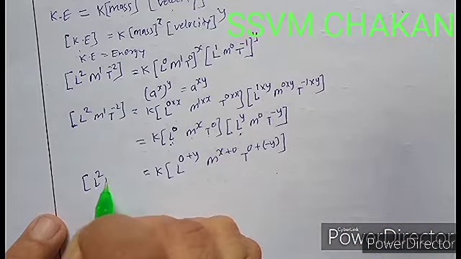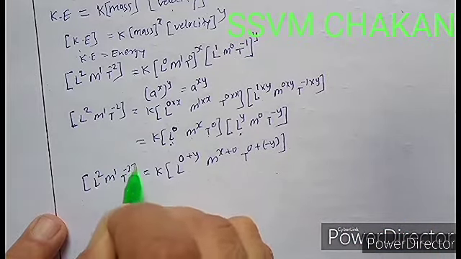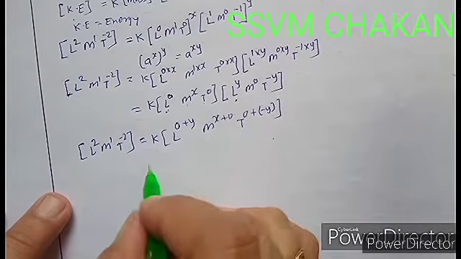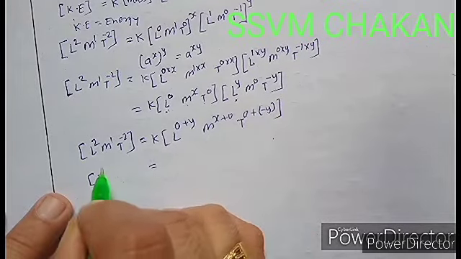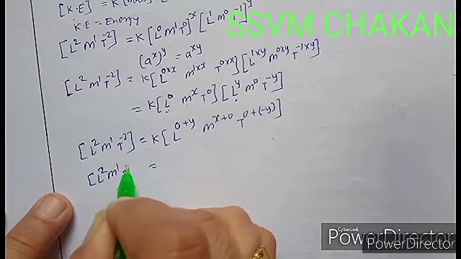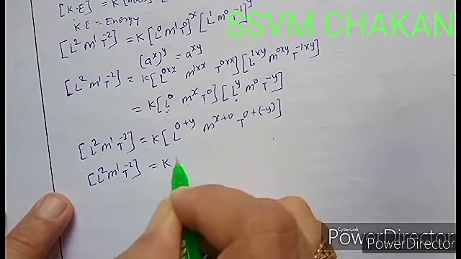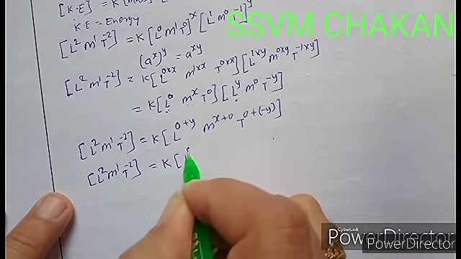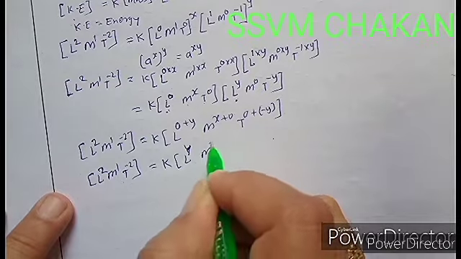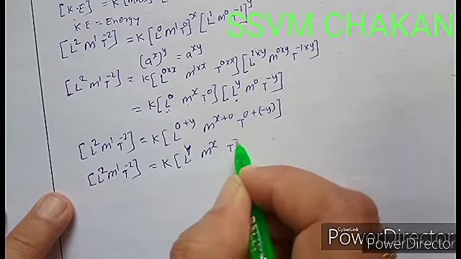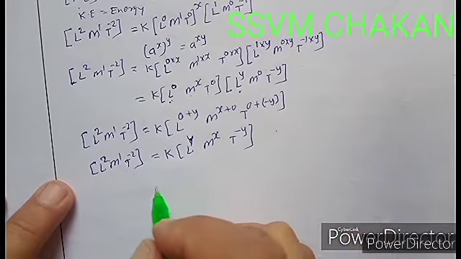LHS is L2 M1 T minus 2, and RHS is L raised to y, M raised to x and T raised to minus y.